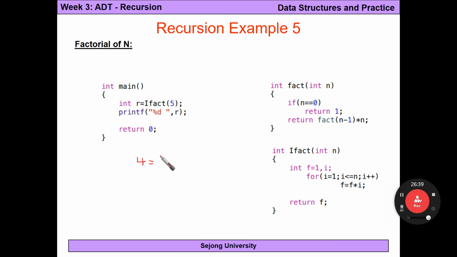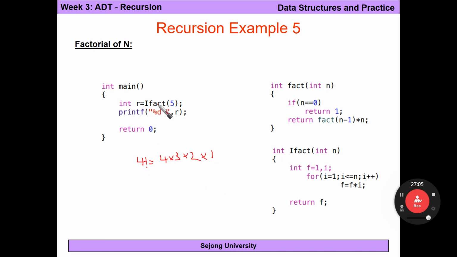For example, 4 multiplied by 3 multiplied by 2 multiplied by 1. This will be the answer for the factorial of 4 and it is represented by this sign.